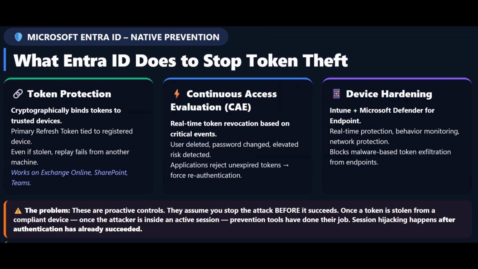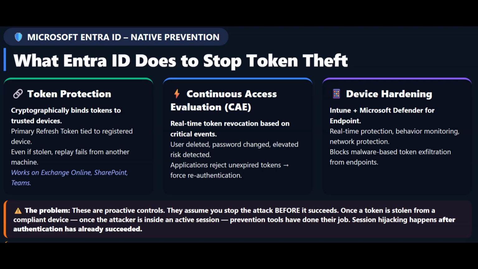Microsoft Entra ID's role as prevention tools. Now, Microsoft Entra ID does include some important prevention capabilities that you should absolutely enable. Let's look at what's available. Token protection. This is a conditional access session control that cryptographically binds tokens to specific trusted devices.